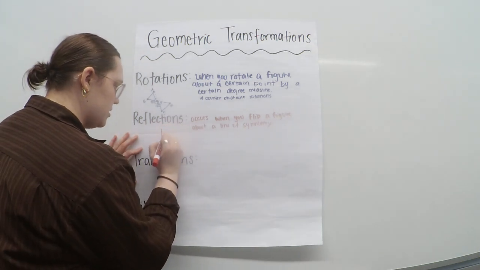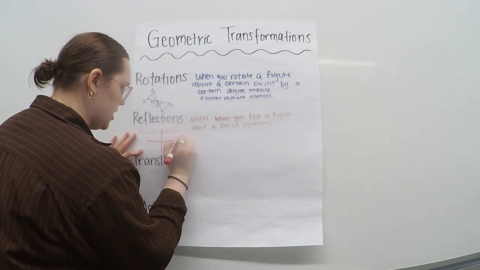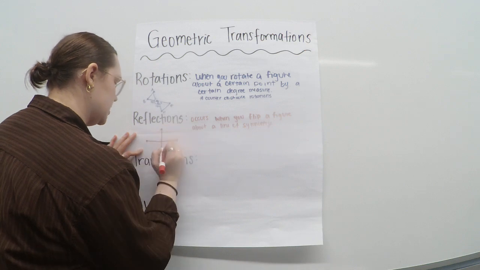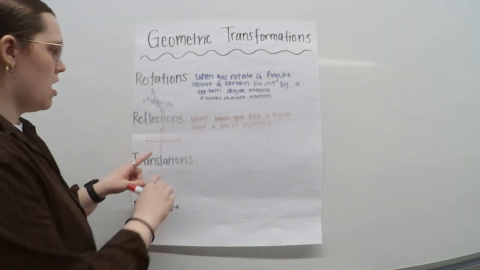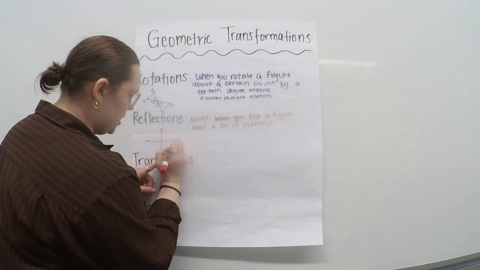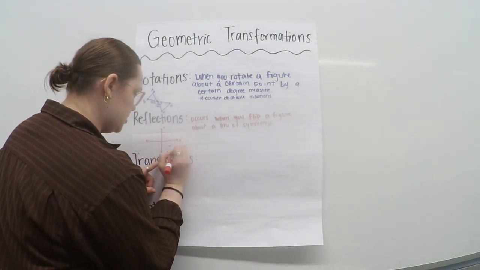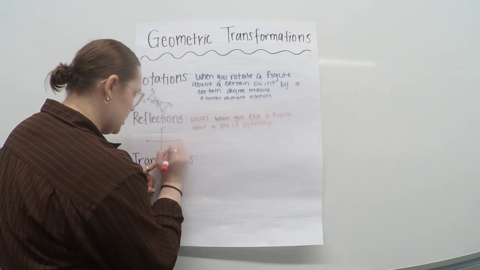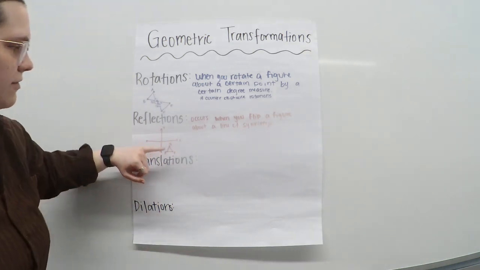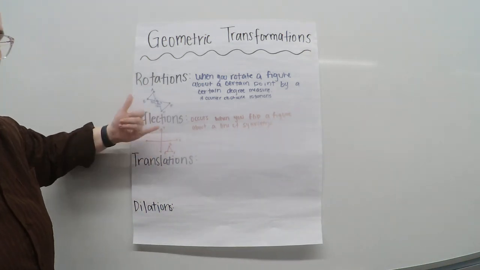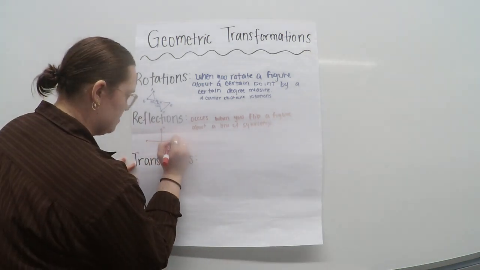So I'm just going to make a coordinate plane, x and y axis, just because that's what I'm feeling right now. And I'm going to draw a triangle in the 4th quadrant. We're going to name this one EFG. And if I reflect this triangle about my x-axis, it's just going to be what it looks like.